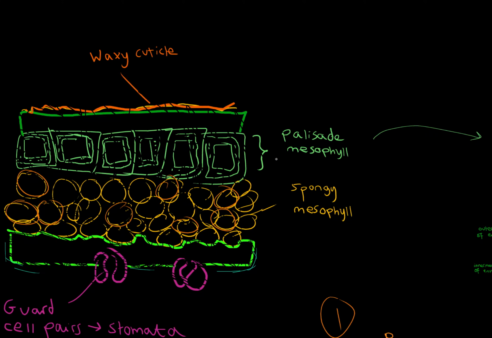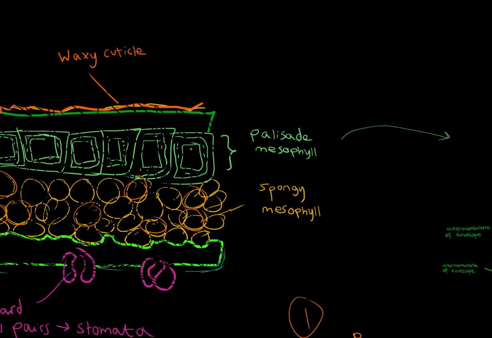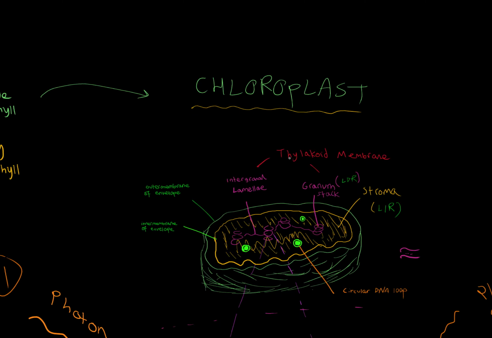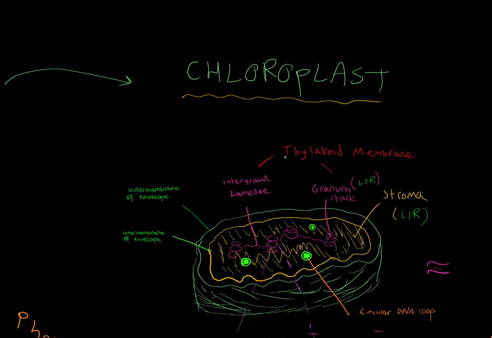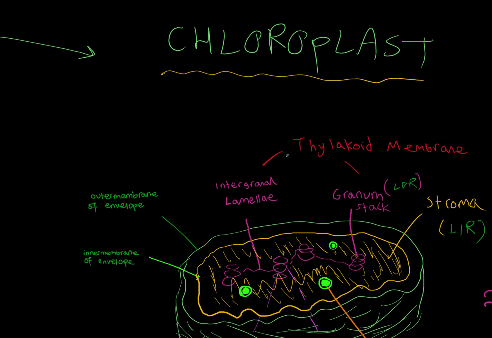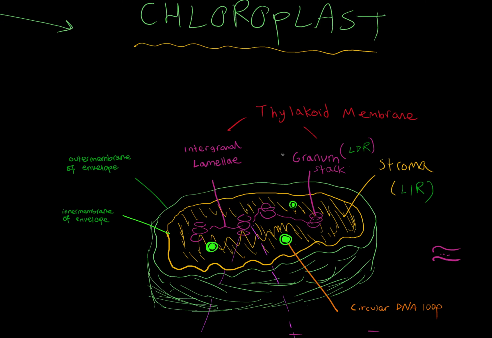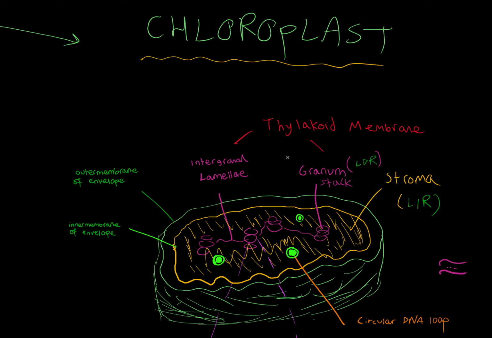But if I actually zoom in on a chloroplast, it was very hard to draw it on this diagram, but this is what I will see, okay? So this is a chloroplast here. And what do we have? Well, we have a very distinctive double membrane.